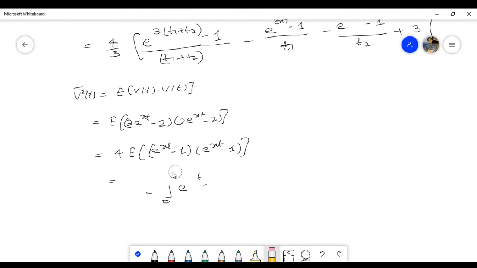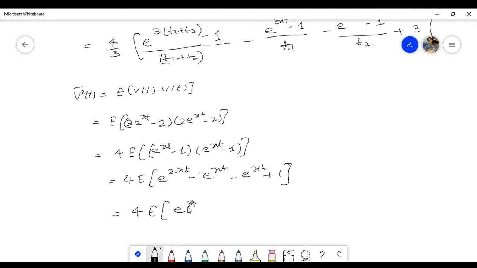Before writing this, we will write it in terms of square. So it will be 4 expected value of e power 2xt, e power xt, e power xt plus 1. It will be 4 expected value of e power 2xt minus 2 e power xt plus 1.